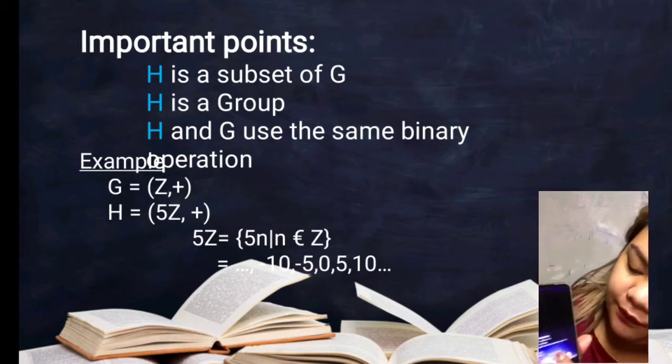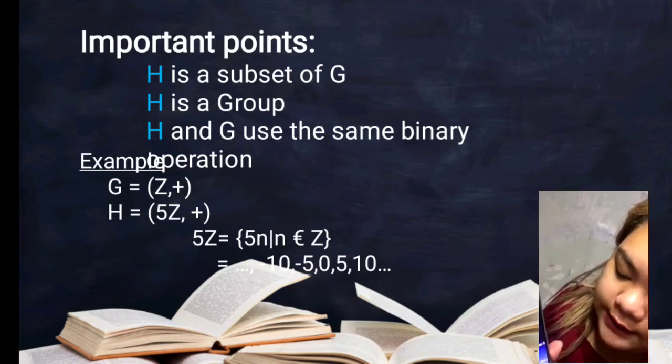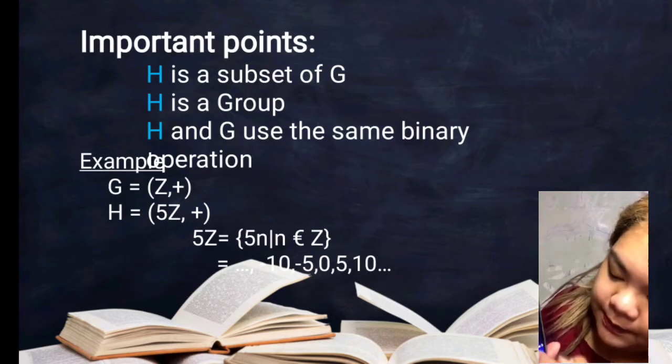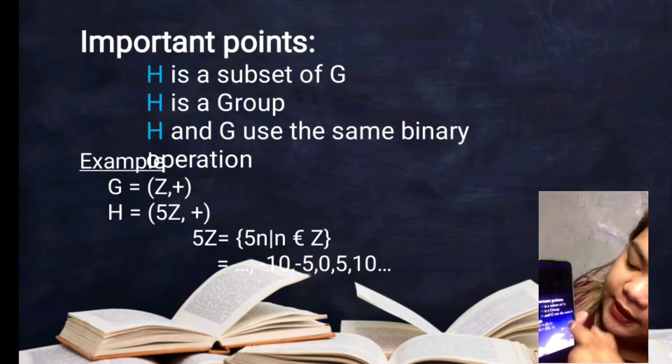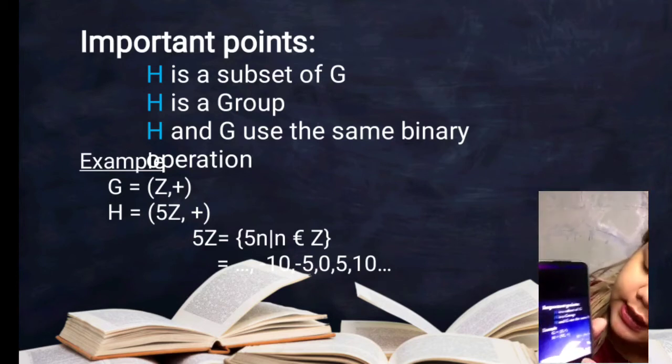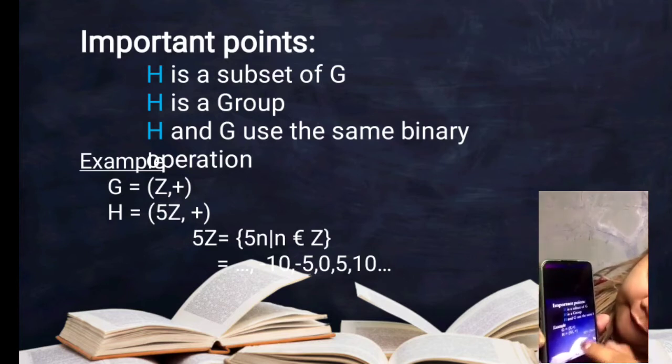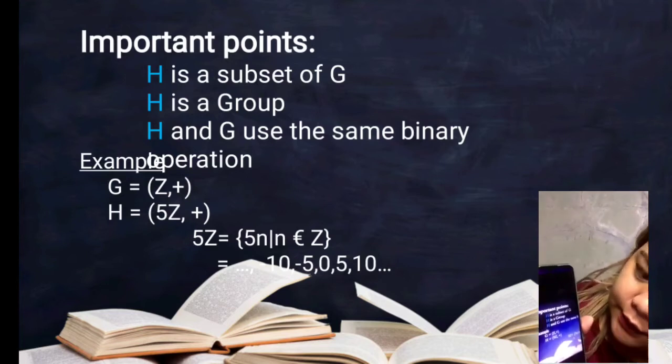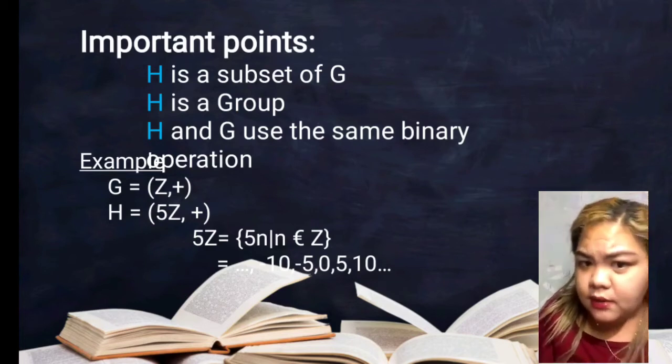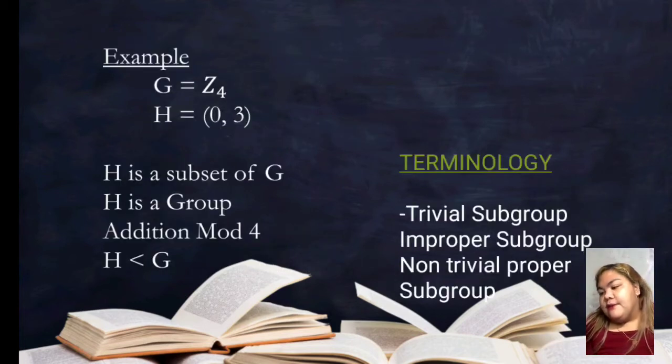Example: G equals (Z, +), H equals (5Z, +). Third, another example: G equals Z_4, H equals {0, 2}.